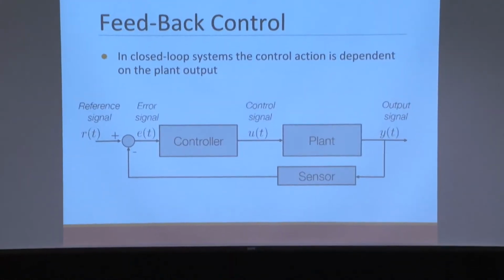The controller, based off of this error, is going to decide what the actuator commands should be. So that's going to be the control signal, u of t. And then traditionally, we call the actual system that we're going to actuate a plant. In our case, that's going to be the race car.